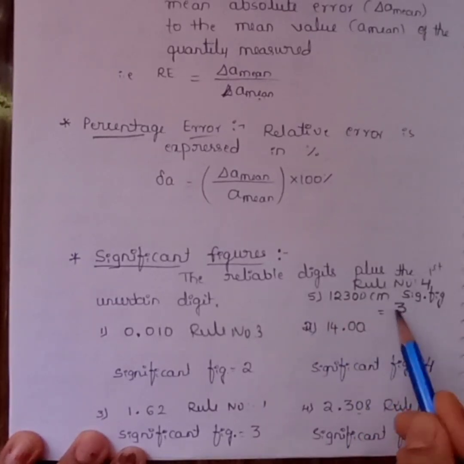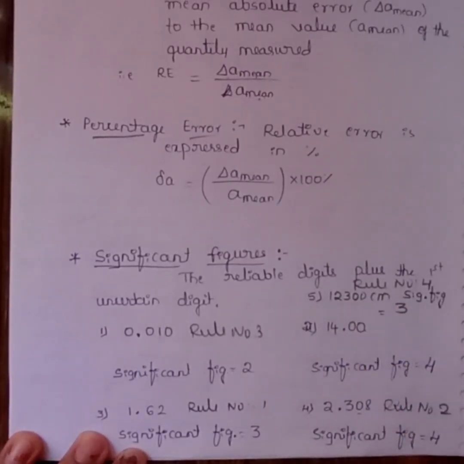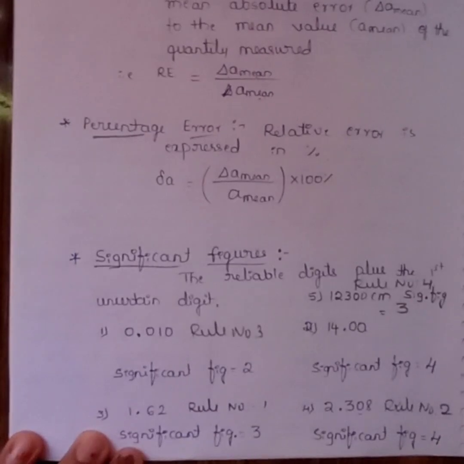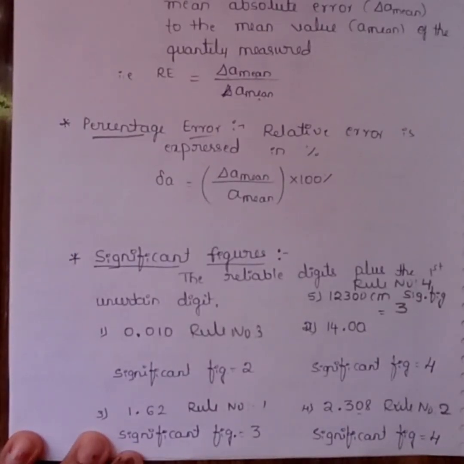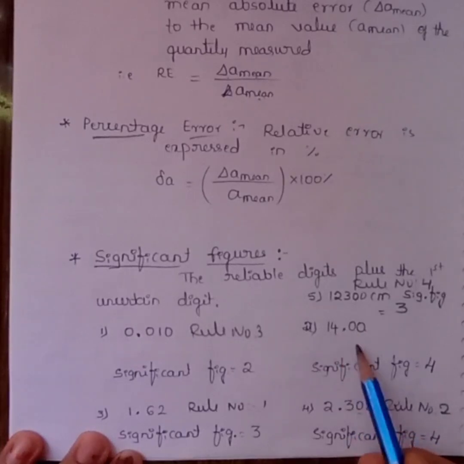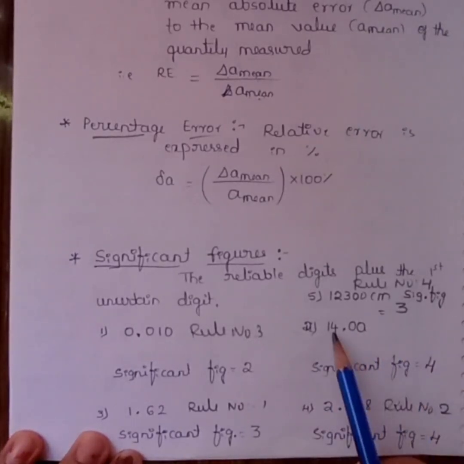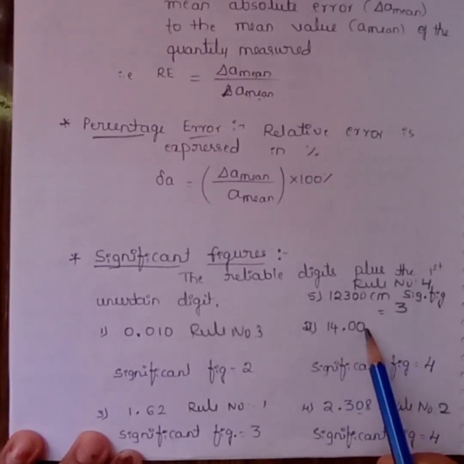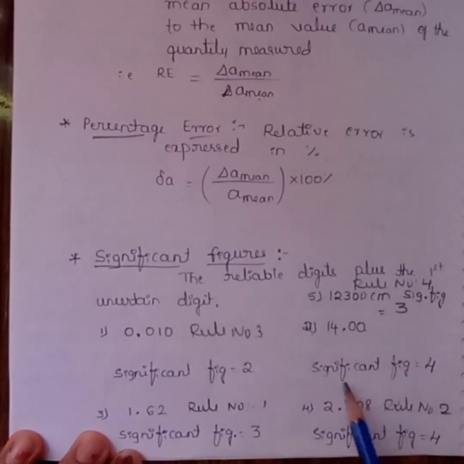So 3 significant figures are there in this example. Next rule: the terminal zeros in a number with a decimal point are significant. If zeros are there along with the decimal point, we can count those zeros as significant figures. That one is 14.00. In this example, the significant figures are 4.